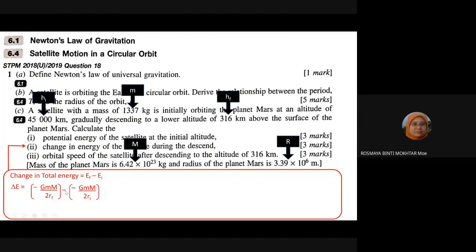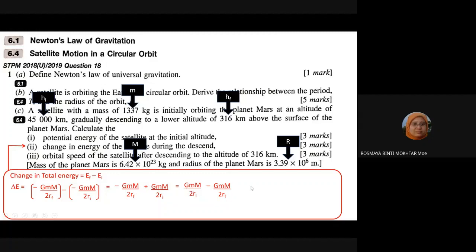So minus here and then this one minus again, so you get negative GMm per 2rf plus GMm per 2ri. This is where students always make mistakes with the sign. So here is plus, or you can rearrange the equation, bring this one to the front, or remain like this. It's up to you. The two expressions are the same thing.